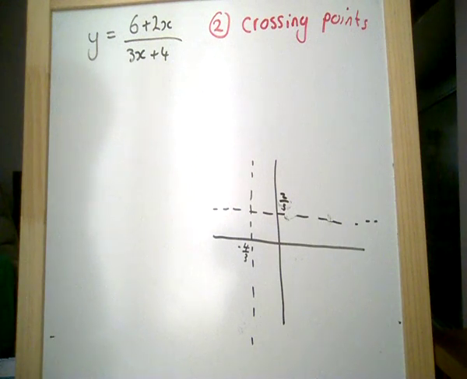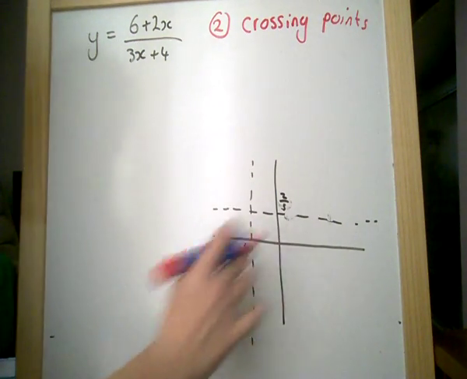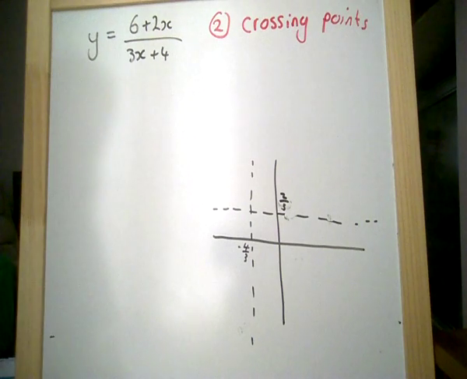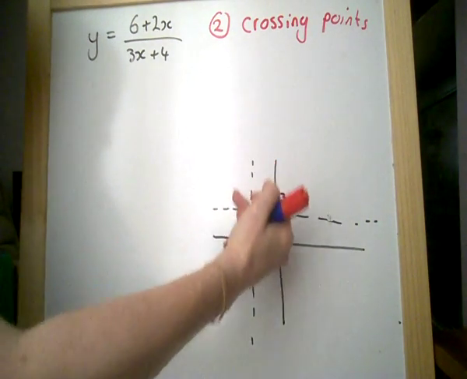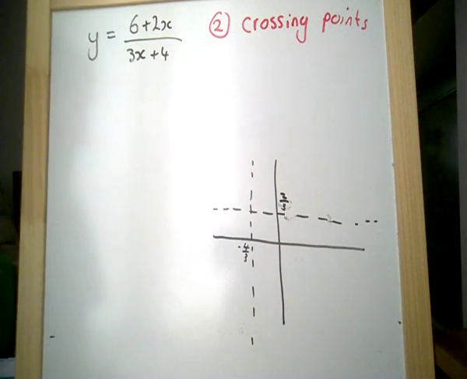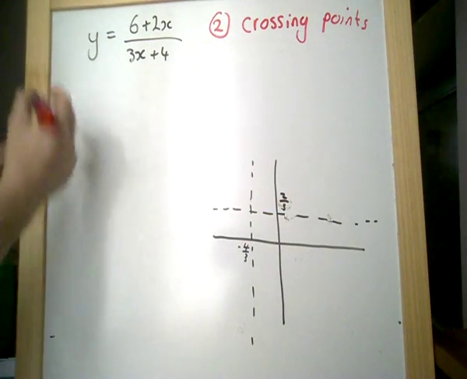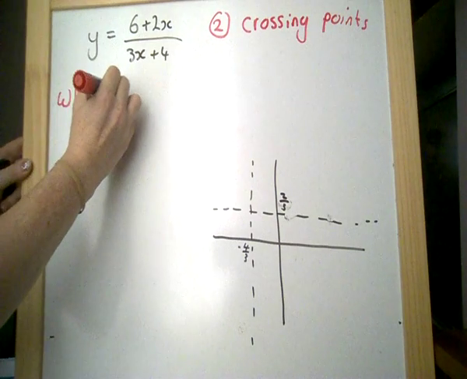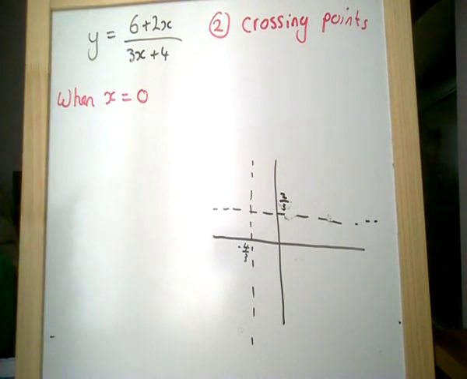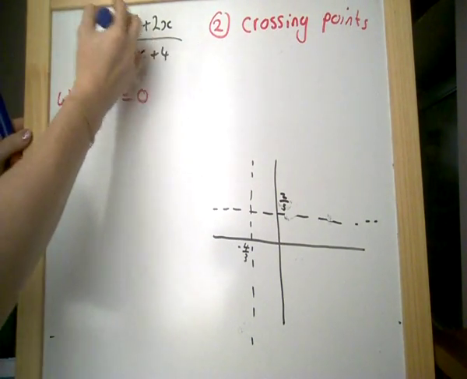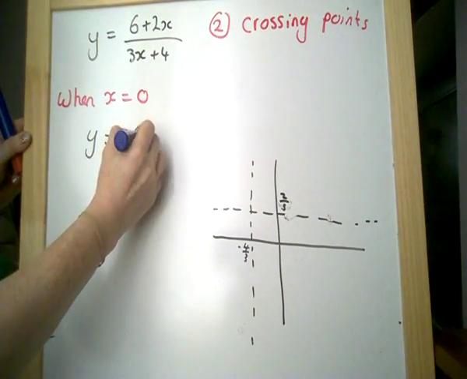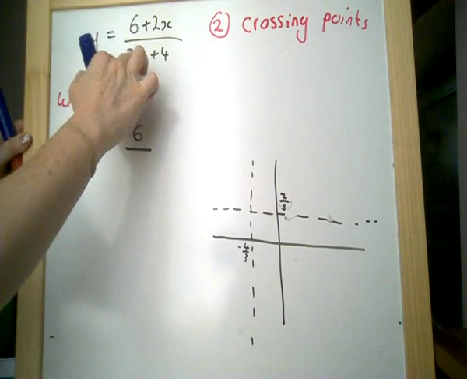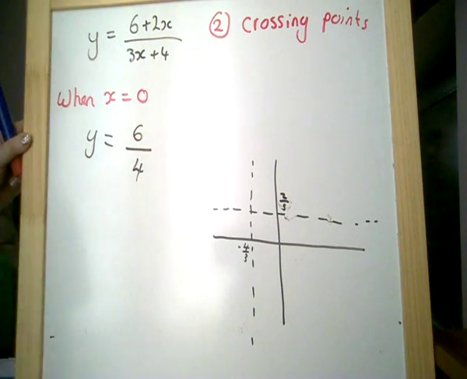Okay, so crossing points. So where does my graph cross the y-axis? Where does it cross the x-axis? Well, we know when my graph crosses the y-axis, x will always be 0. So when x equals 0, subbing into my graph, I'd get 6 plus 2 lots of nothing, which would give me 6. 3 lots of nothing plus 4 would give me 4.